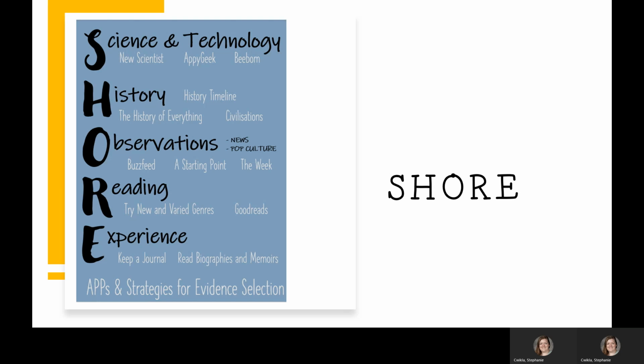So the first letter is S, and that stands for science and technology. So if there is any scientific proof or technological advancement that relates to a prompt, that's a great category of evidence, because it's hard to refute science. I mean, lately people are trying, but we could definitely use science as strong evidence for a prompt.